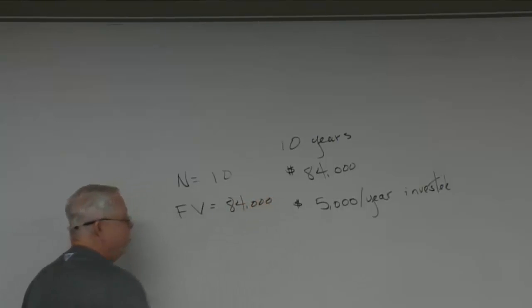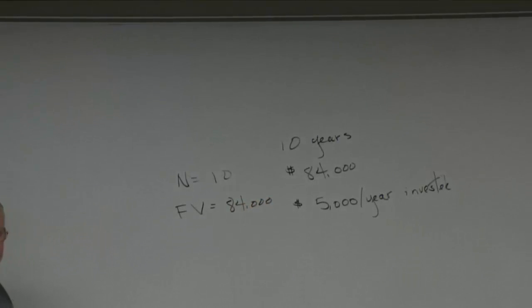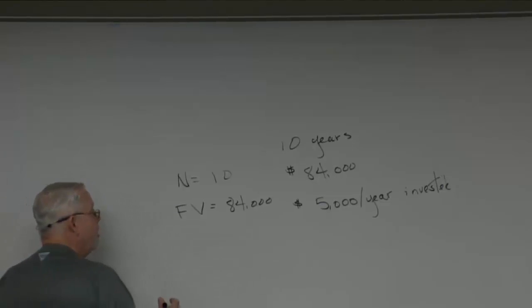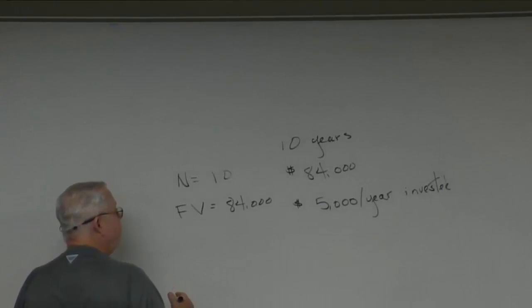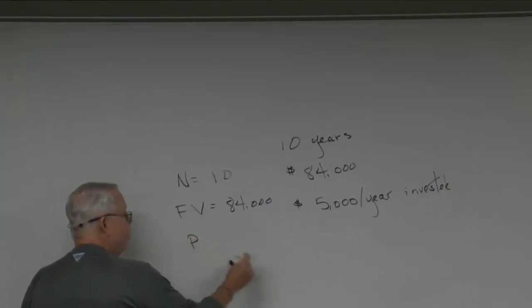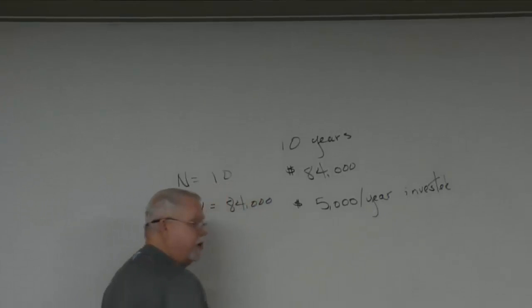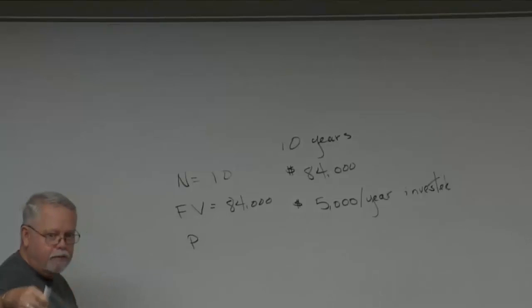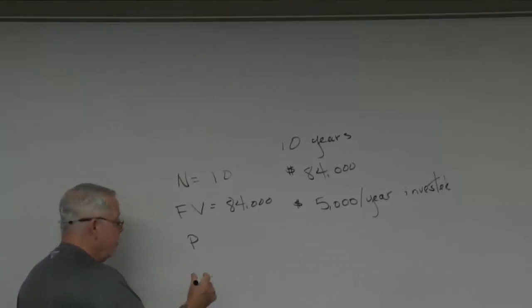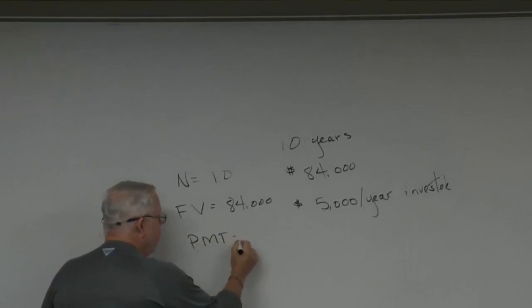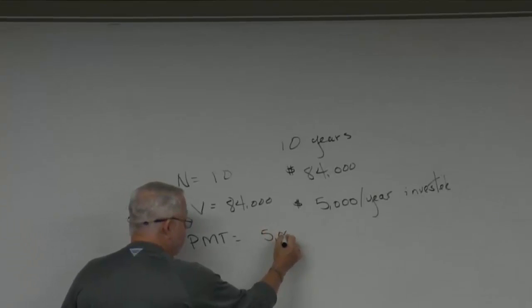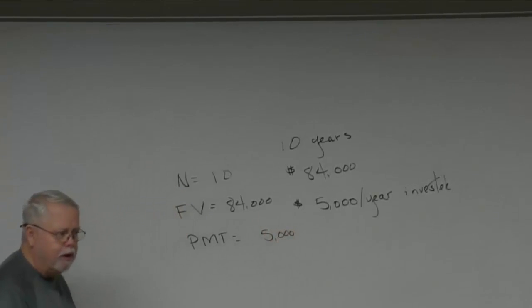Should I put that as a positive or a negative? That's going to be positive. Why? Because your payment's going to be negative, because that's money going out. So my payment is indeed $5,000, but remember what we said.